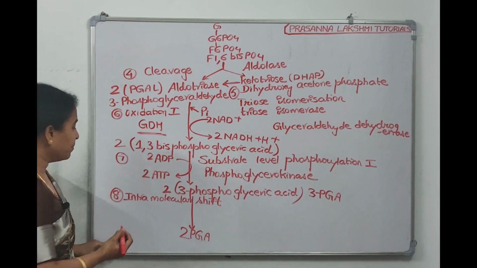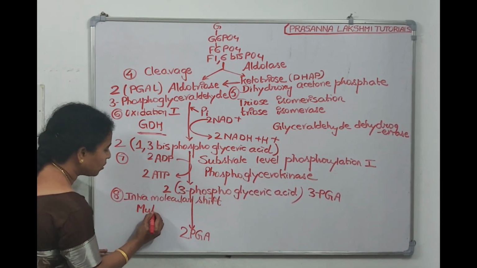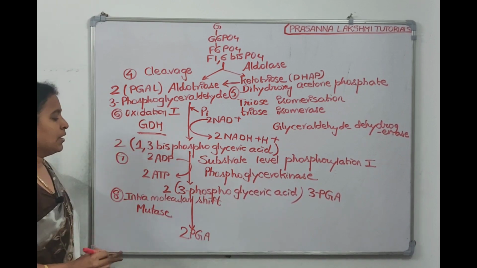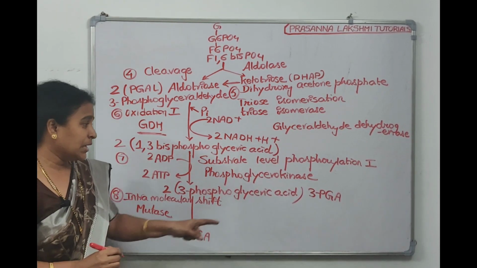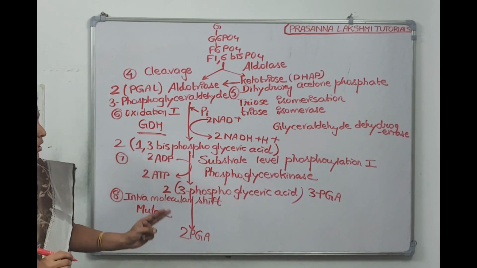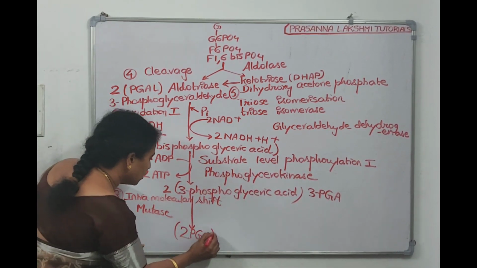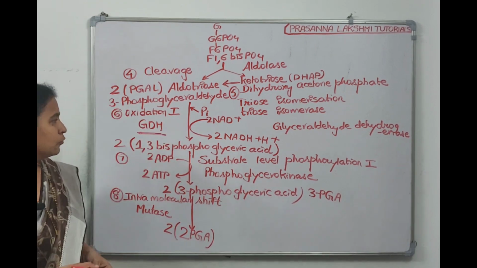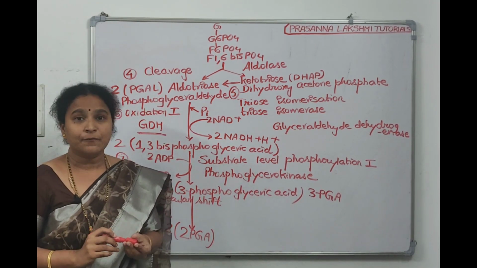The enzyme, it's something like mutation, so it is called mutase. 3-PGA got converted to 2-phosphoglyceric acid. How many molecules? 2 molecules of 2-phosphoglyceric acid are formed.